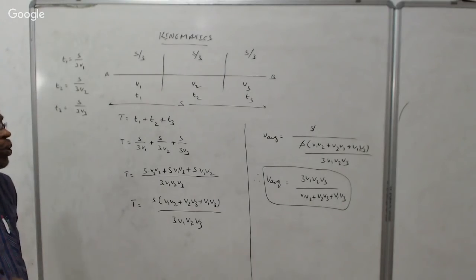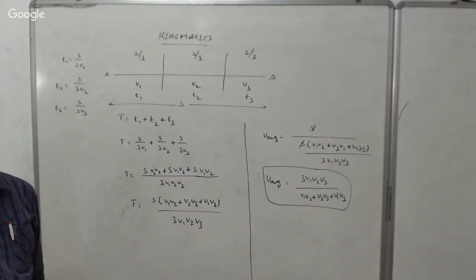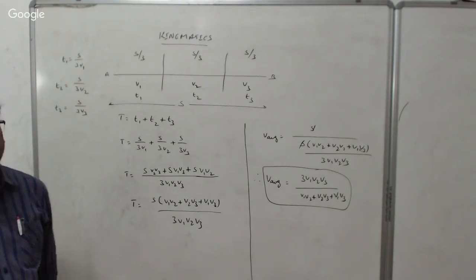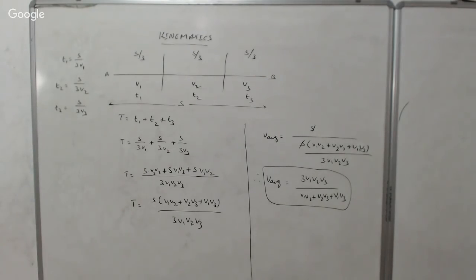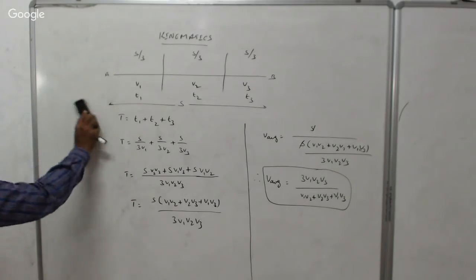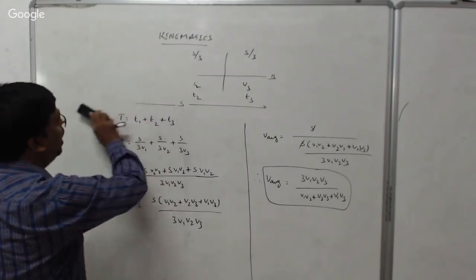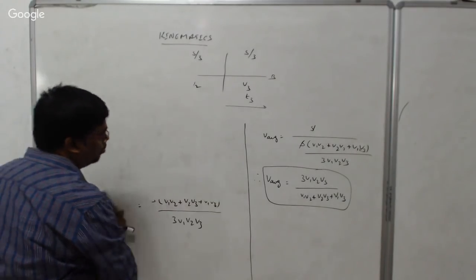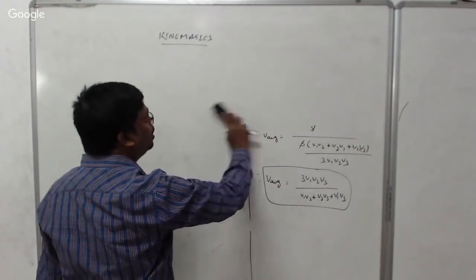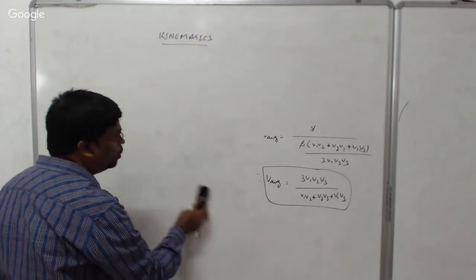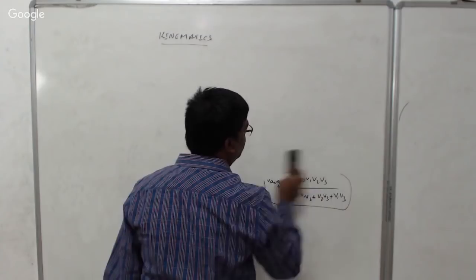Now I am going to give a numeric based on values. I'll give the numerical values. Try to substitute and find out. Okay? Now take the question. A cyclist moving on a circular track of radius 100 meters.